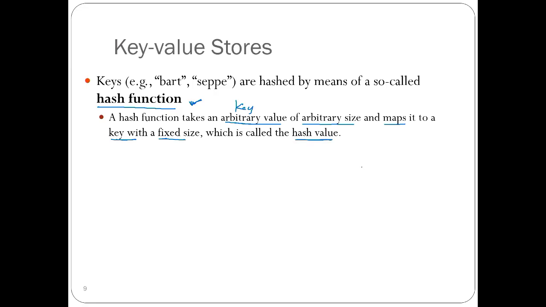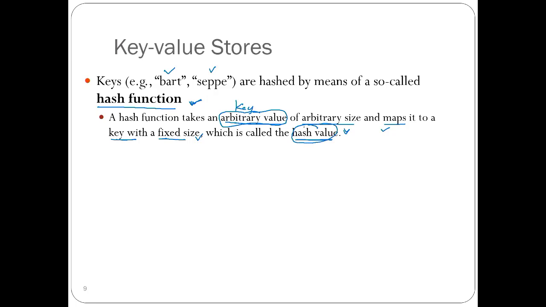So this will be very evident once we take an example. So a hash function takes an arbitrary value. In this case, our arbitrary value is the name of people like Bart and Seth, and it could be of any size, and it will map that value to a key which is of fixed size, and that is called the hash value.